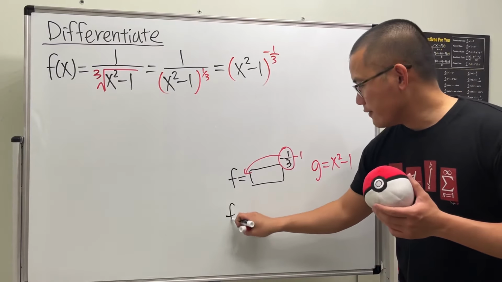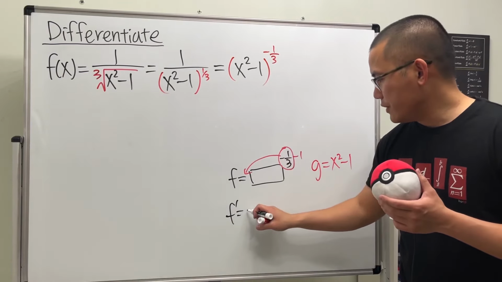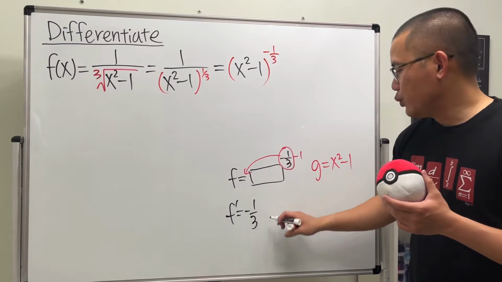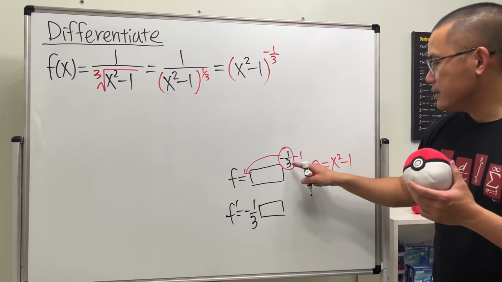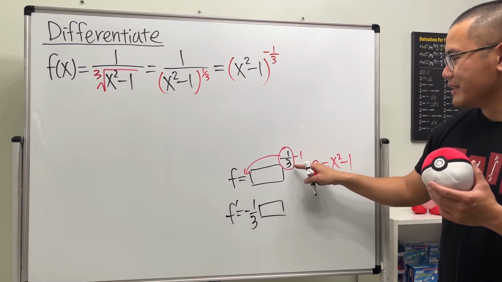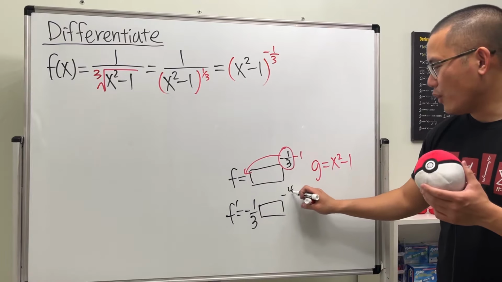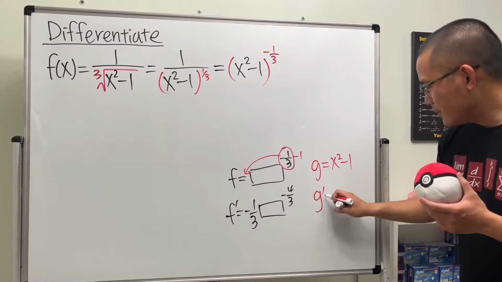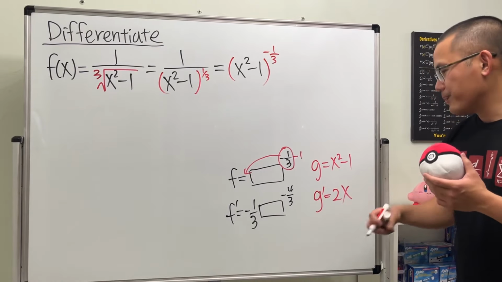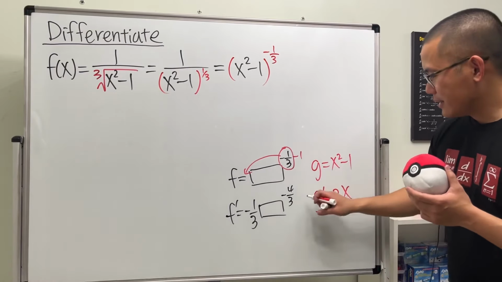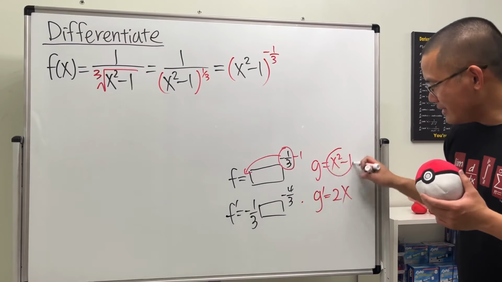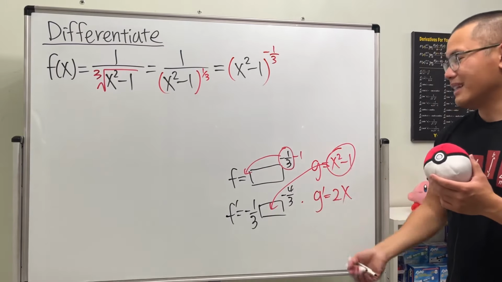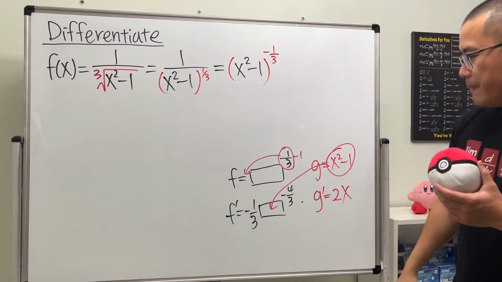So the outside function will give you the derivative, negative 1/3, and then we will have a box. And then negative 1/3 minus 1 is negative 4/3. Alright? And then we differentiate this, we get just 2x. Pretty good. And of course, here's the thing. We put this inside of the box and we multiply, and that will be the answer.